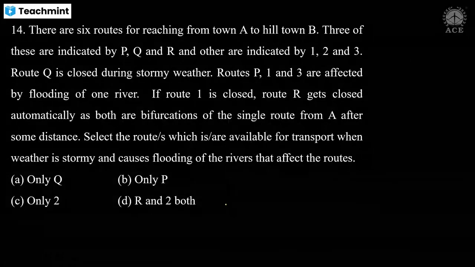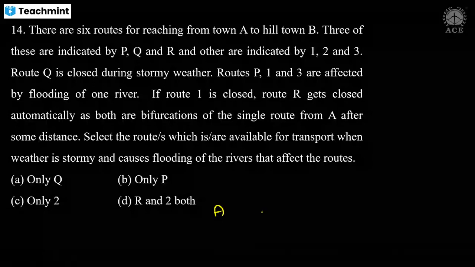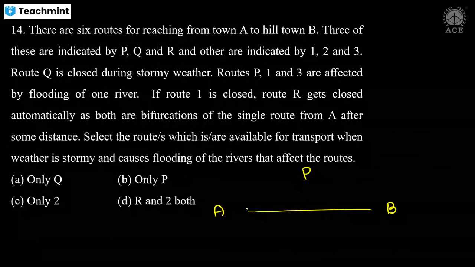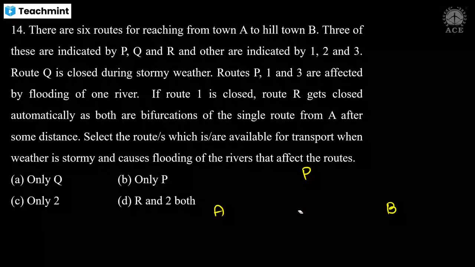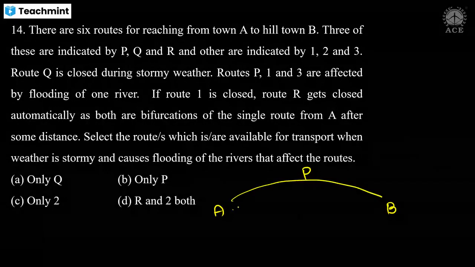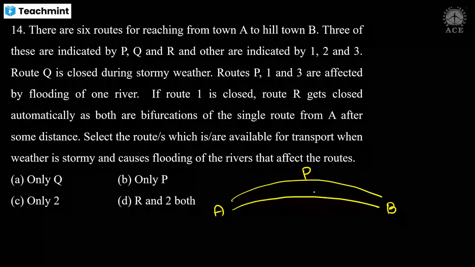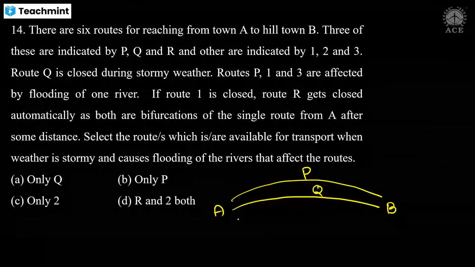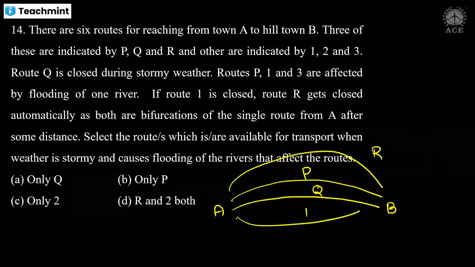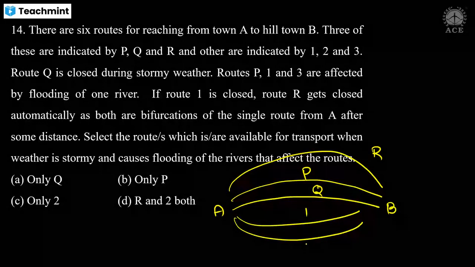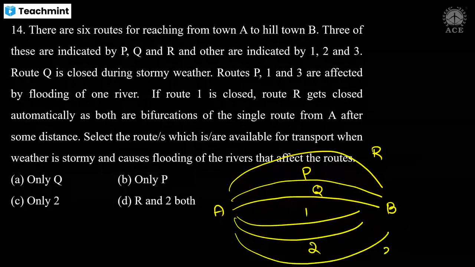If you want to move from A to B, you can use route P, or route Q, or route R, or route 1, route 2, or route 3. These are the different routes.